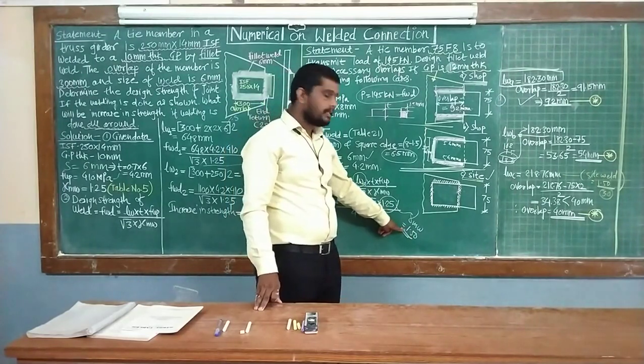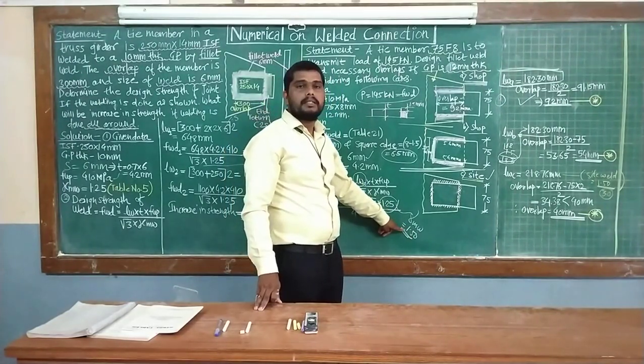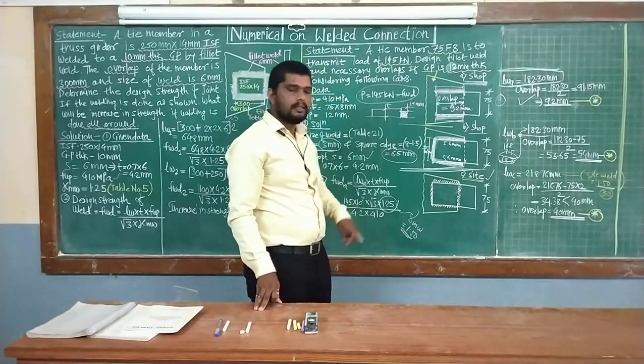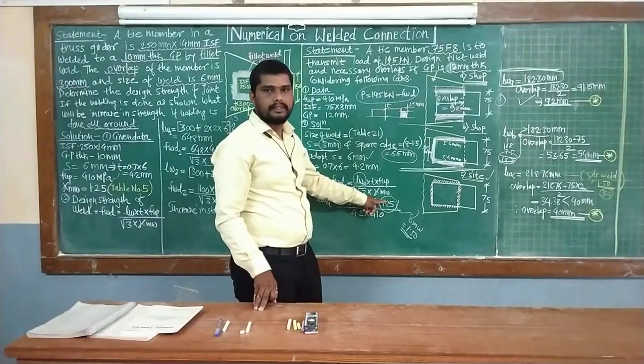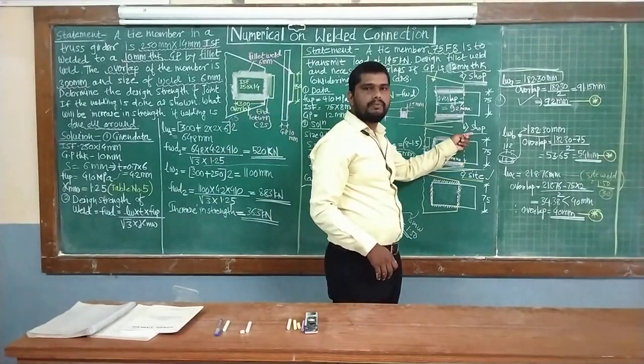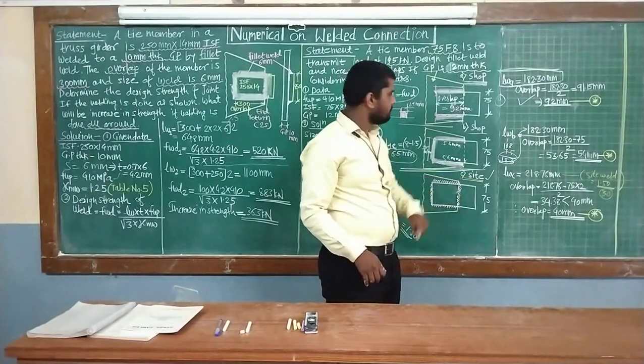So the partial safety factor is increased by 0.25 more than the previous value. So this is the difference between shop welding and site welding.